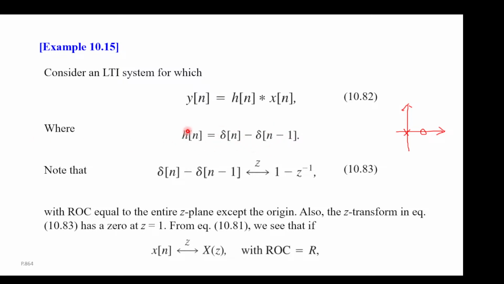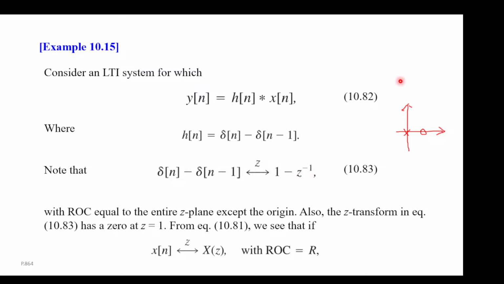So h of n is delta of n minus delta of n minus 1, and we can easily do this transform because we know the transform of a delta function shifted by some constant is just z to the minus that number. So delta of n z transforms to 1, and delta of n minus 1 z transforms to z to the minus 1. So the z transform is very easy.